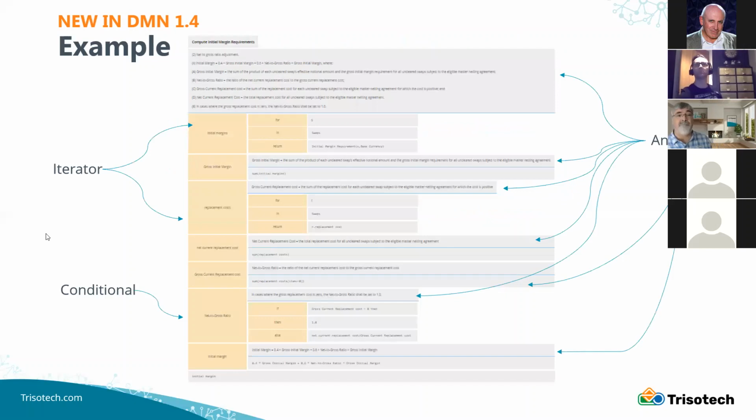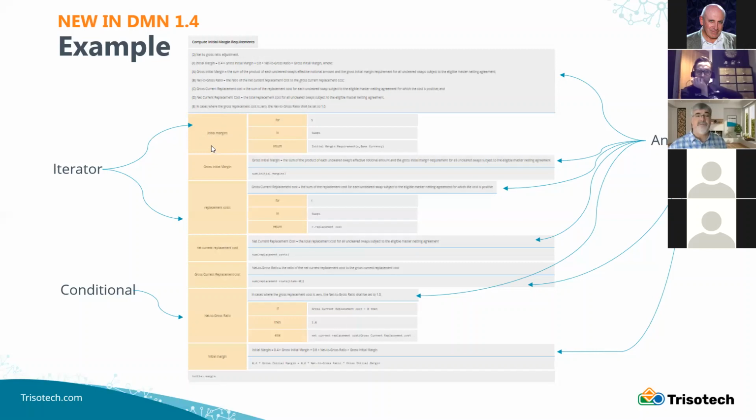So here's an example. This is a financial example, and to show, I'm also putting in here something that came from before, the notion of annotation. So in DMN now, visually, we have the double blue line here. It's a little bit small, and the intent is not necessarily for you to read, but at the top here, that's my comments. That's my annotation documentation of what this is supposed to do. This is calculating the initial margin on a basket of different financial resources.